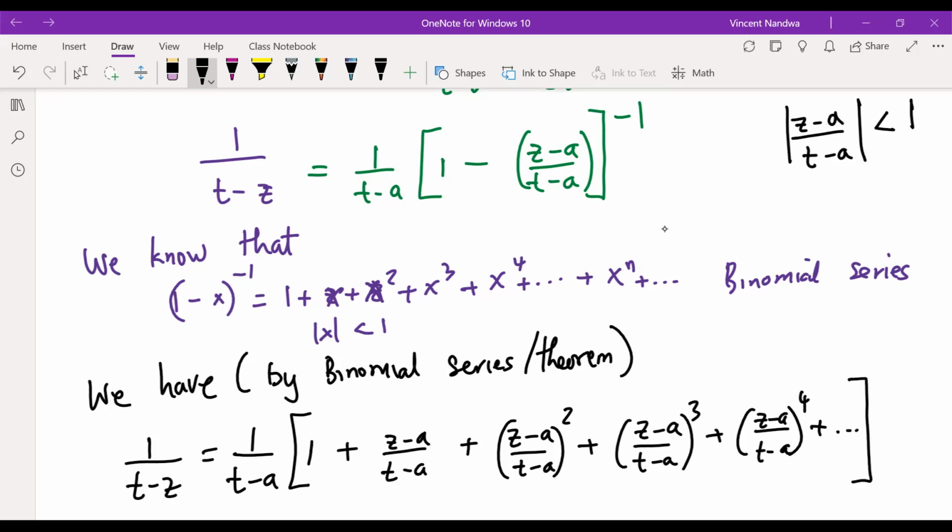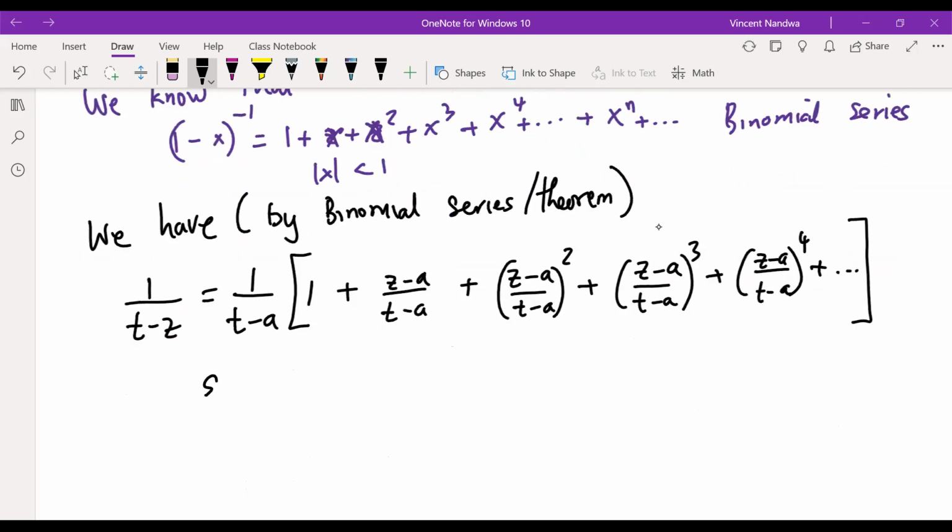And this is valid since the absolute value of (z minus a) over (t minus a) is strictly less than 1, as can be clearly seen from the diagram.